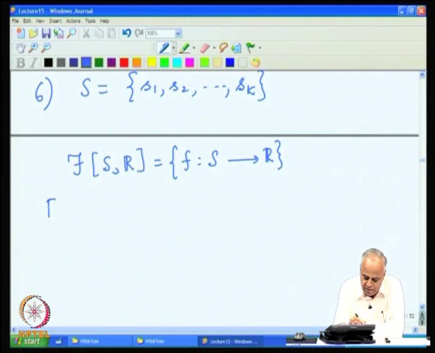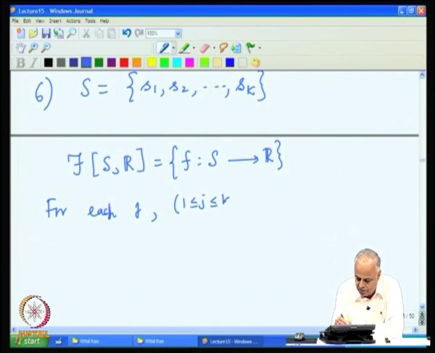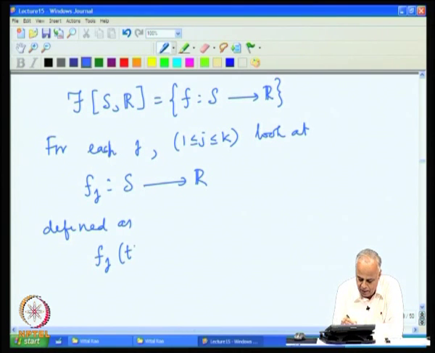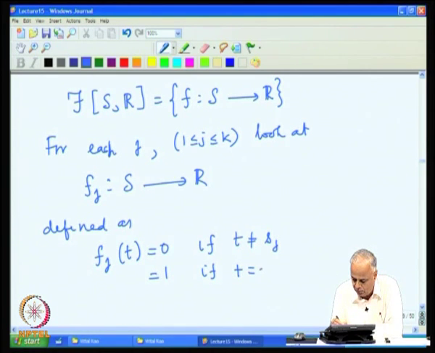Now, for each j, 1 less than or equal to j less than or equal to k, look at the function f j mapping S to R defined as f j of t is 0 if t is not equal to S j, 1 if t equals S j.